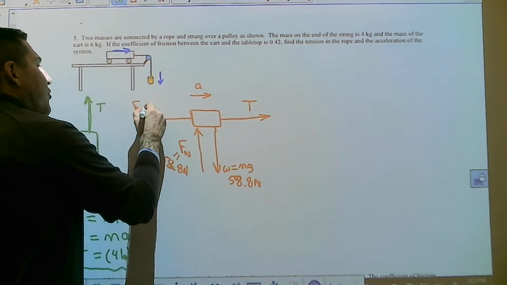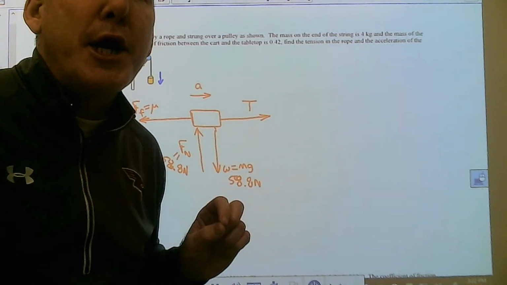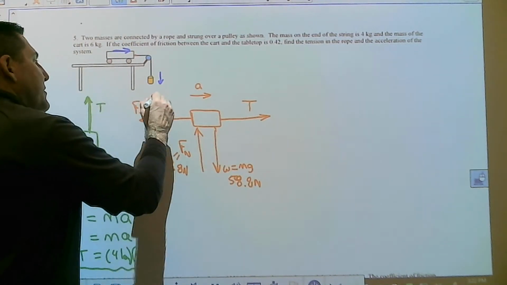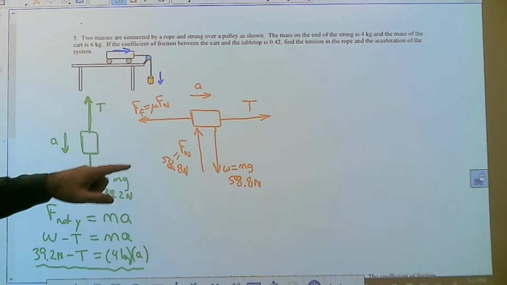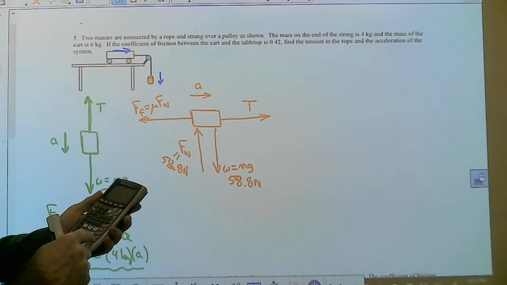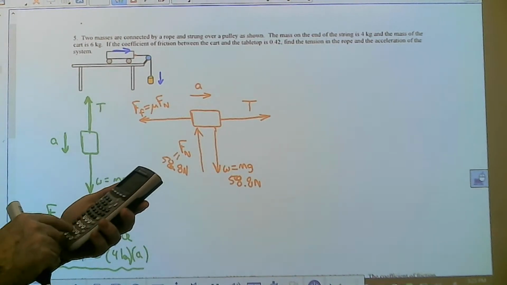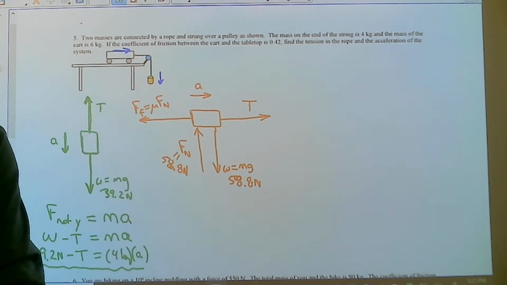I know that friction force is equal to the coefficient of friction, that little decimal represented by the Greek letter mu, times the normal force. That's that little equation for friction force. So I take the coefficient of friction, 0.42, times my normal force of 58.8, and I get 24.697. We'll call it 24.7.